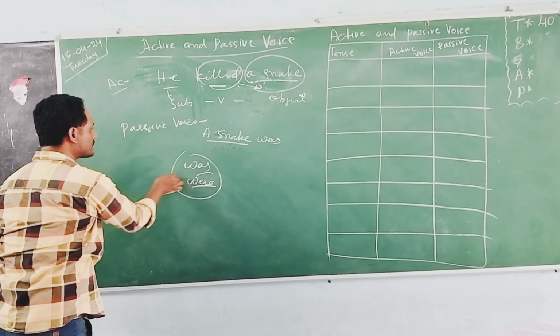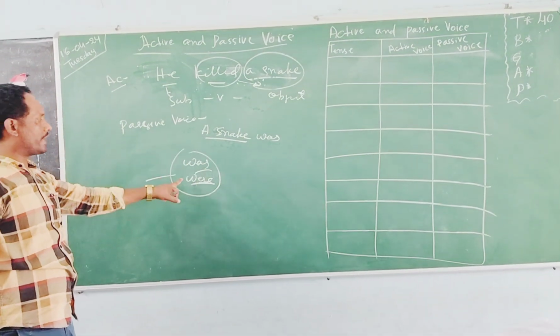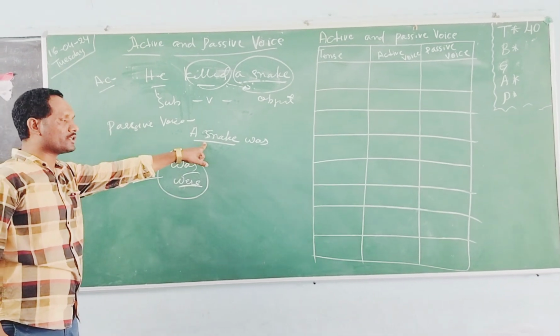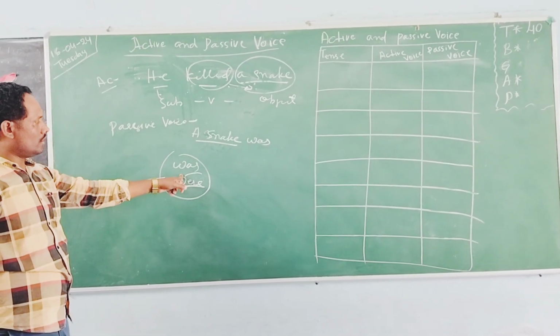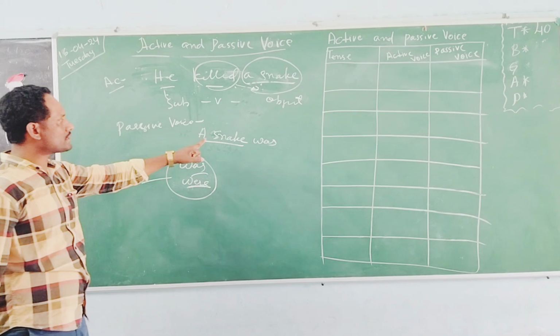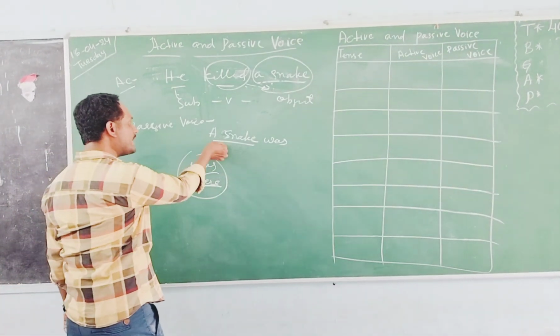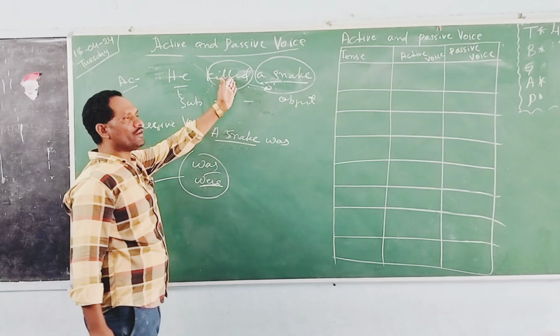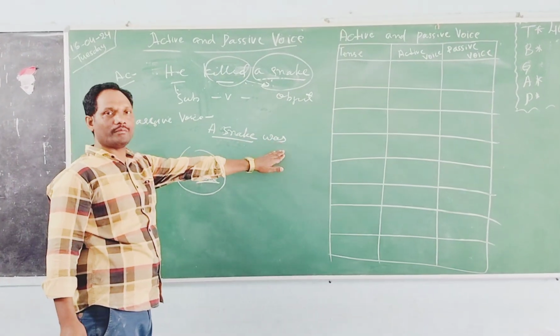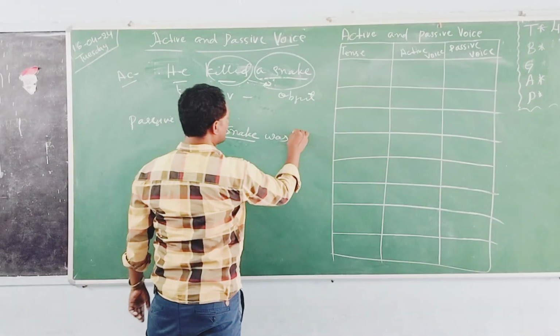We have to select according to subject and verb agreement. If the subject is singular, we select singular helping verbs. If it's plural, we select plural helping verbs. So what happened? A snake was. The verb always comes in verb 3 form in passive: killed.